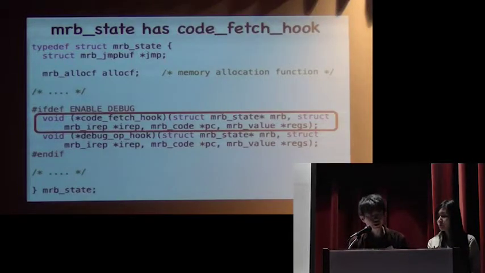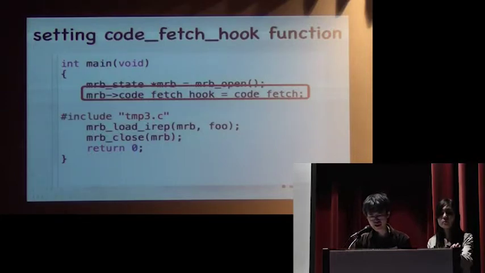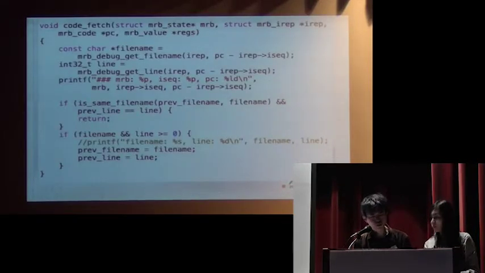And the mrb_state structure has a code fetch hook function. This is our debugger's code fetch function. In the code fetch function, we get the file number and line number.